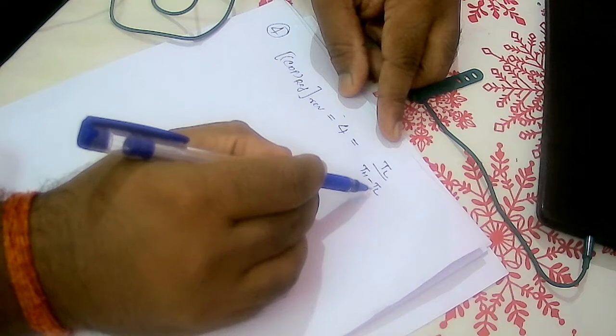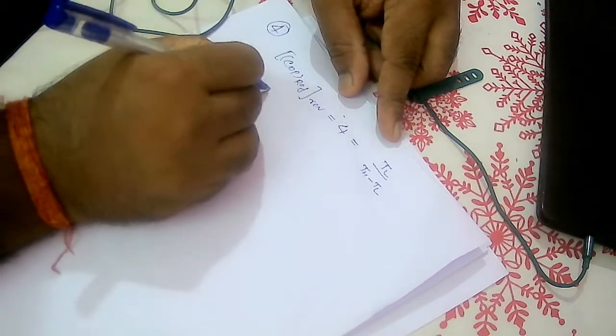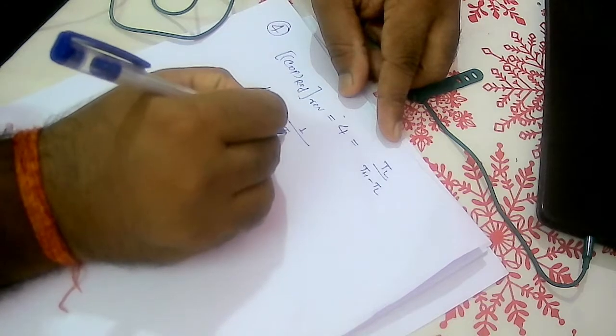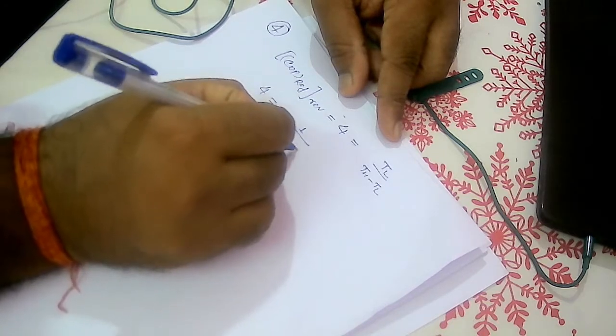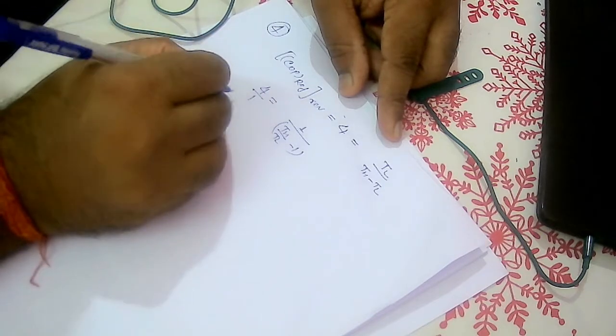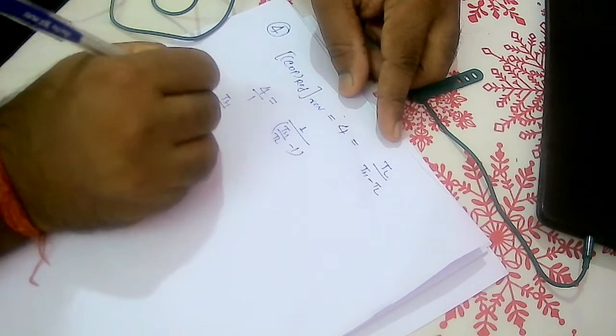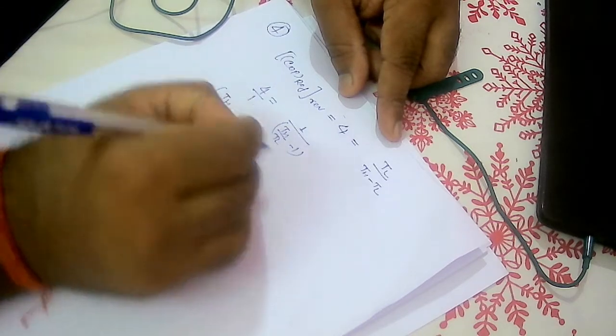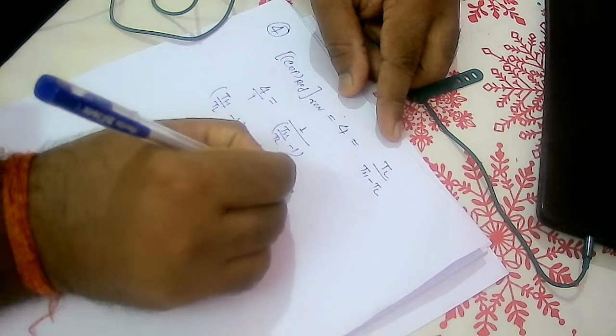Take the T lower as common from here. So we can write 4 is equal to 1 divided by (T higher divided by T lower minus 1). Do the cross multiplication. So you can say T higher divided by T lower minus 1 is equal to 1 divided by 4, that is nothing but 0.25.